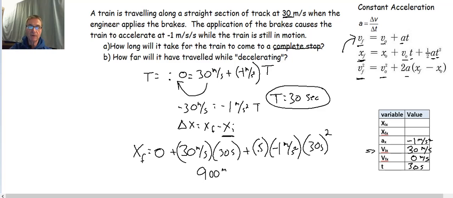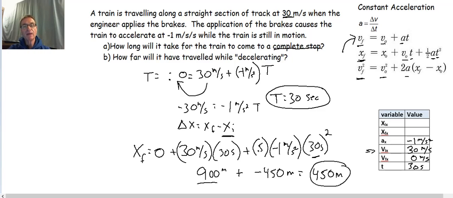The seconds cancel out. Plus, 30 squared over here is 900, 900 times -1 is -900, times a half is negative 450, and the units turn out to be meters as well. So my answer is 900 minus 450. The train will have traveled 450 meters during the time when it was slowing down, and then finally comes to a stop.